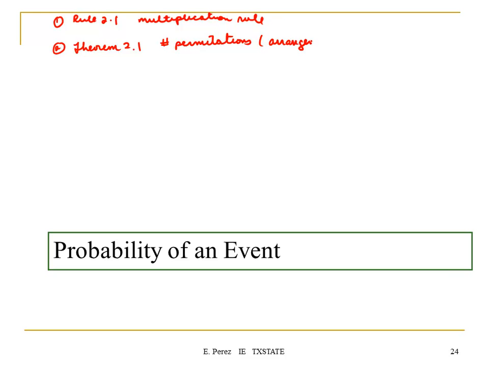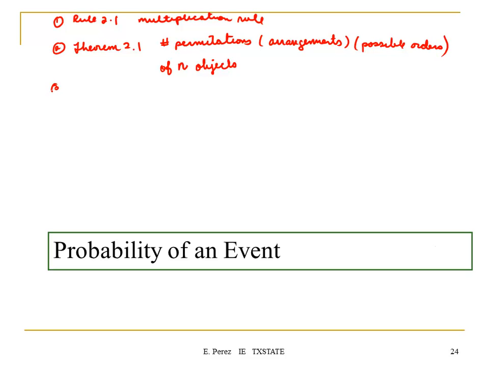Permutations are arrangements or possible orders of n objects. So if you have a problem that asks you to find the number of combinations or arrangements, possible orders of this certain amount of outcomes, then you go find theorem 2.1 and find out what to do.